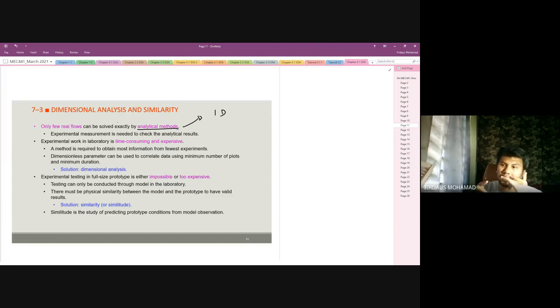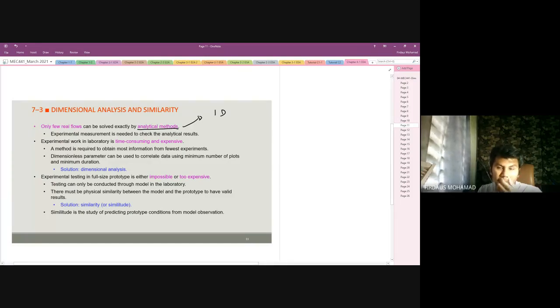In fact, near to the wing ataupun near to the wall ataupun near to the body, the flow is always three dimensional. Okay, three dimensional, ada rotational, ada viscous. So we need to use numerical instead of analytical methods. Okay, so experimental measurement is needed to check the analytical result.